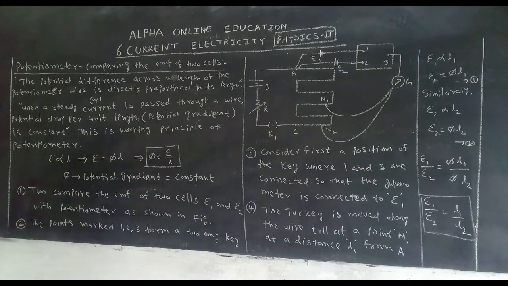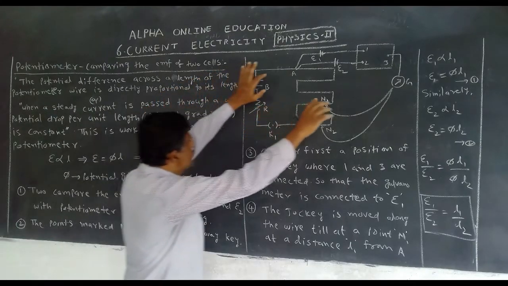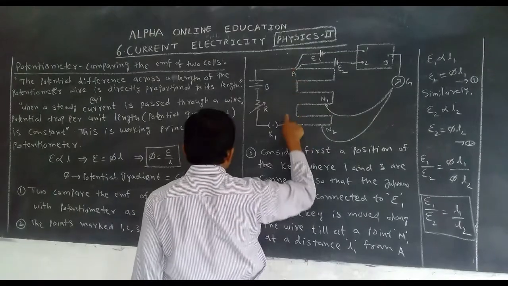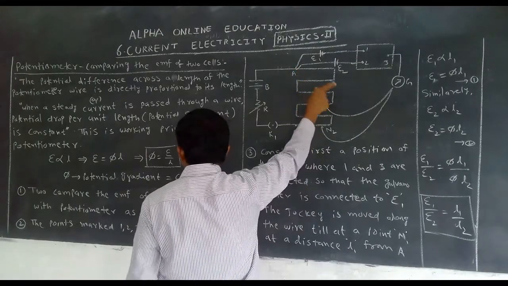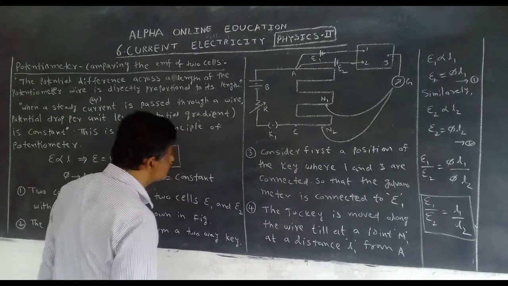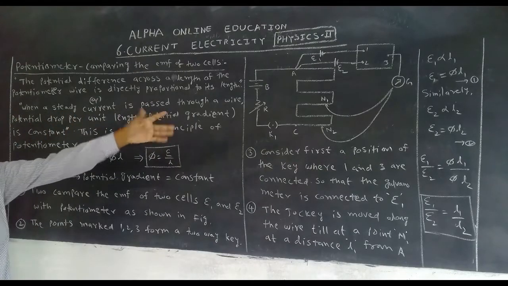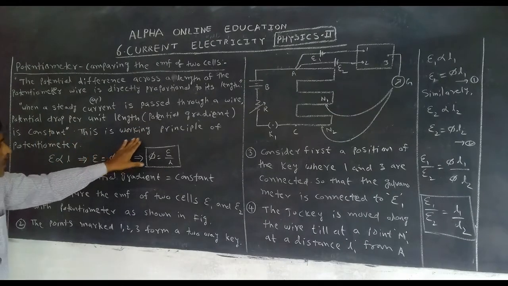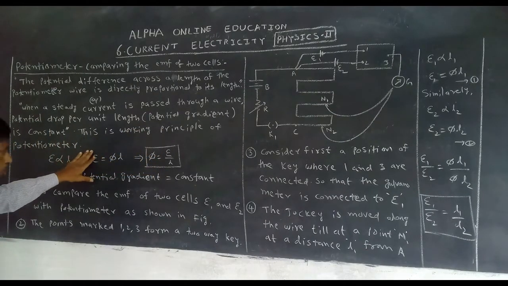The potential difference across the length of the potentiometer wire is directly proportional to its length. Otherwise, when a steady current is passed through a wire, the potential drop per unit length, called potential gradient, is constant. This is the working principle of potentiometer.